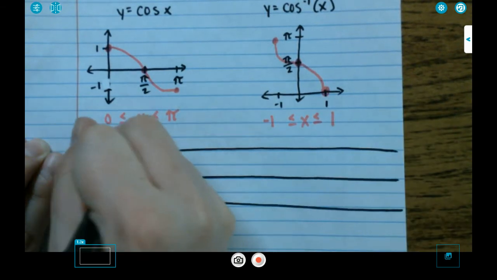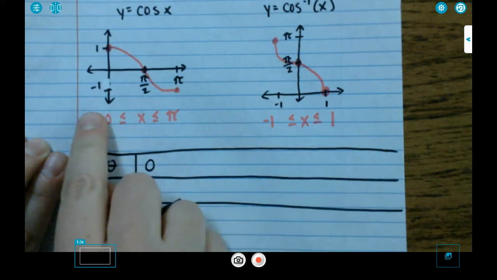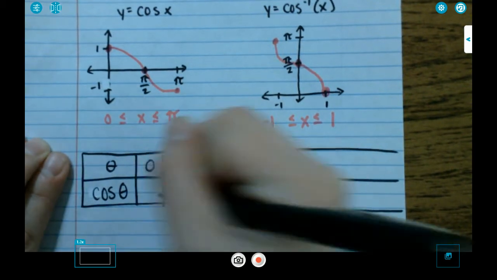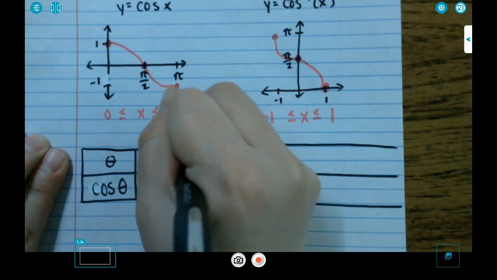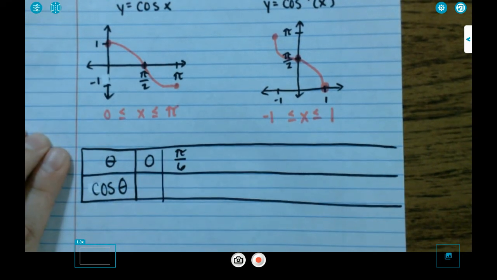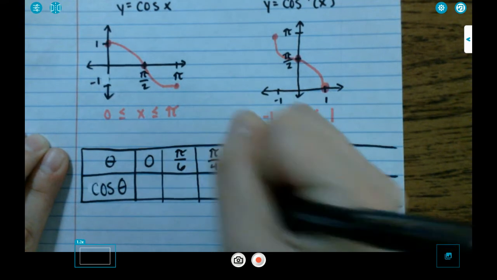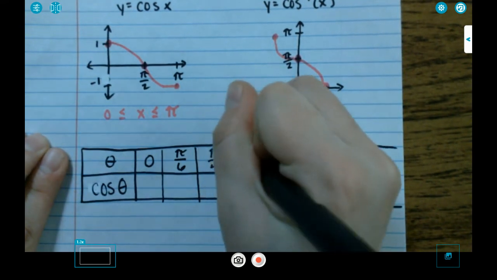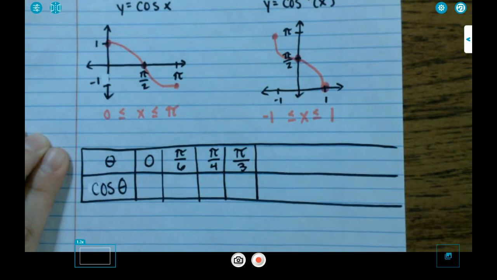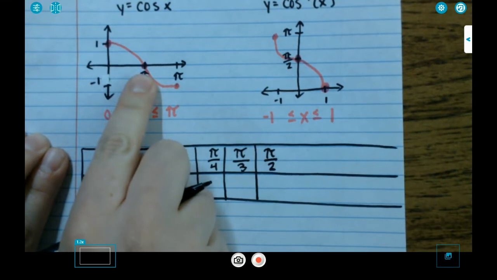Those exact values of theta are 0, we're starting at 0, and then 30 degrees is equivalent to pi over 6. 45 degrees is equivalent to pi over 4. 60 degrees is equivalent to pi over 3. I get it from going all the way back. And then 90 degrees is equivalent to pi over 2. So that takes us from 0 to pi over 2.